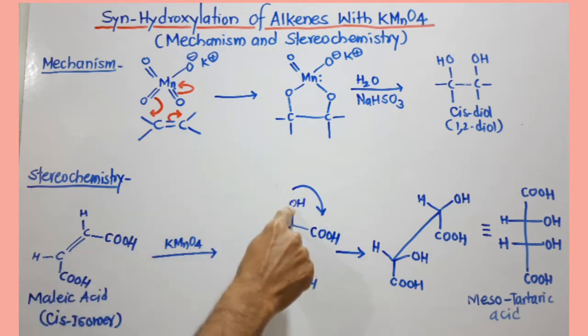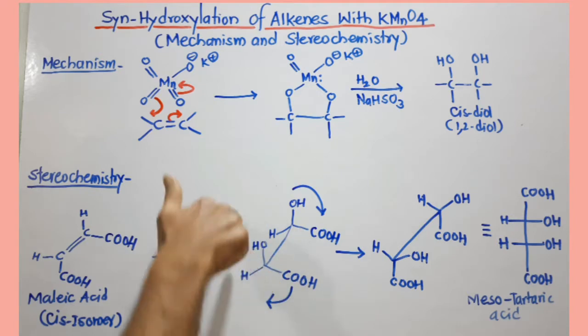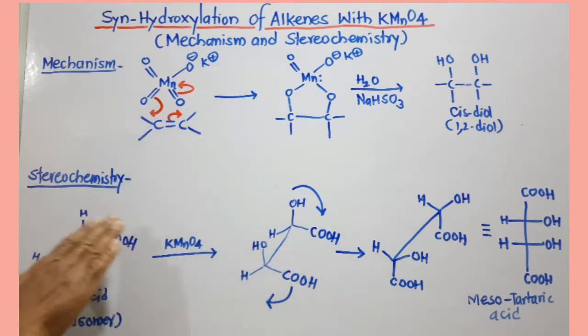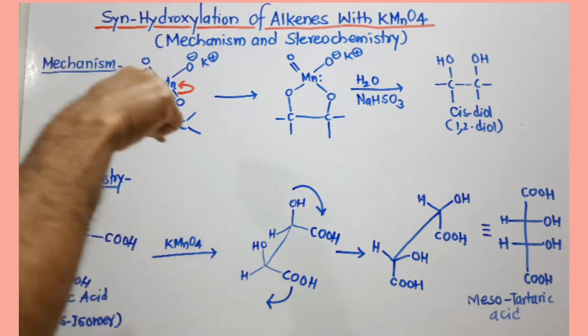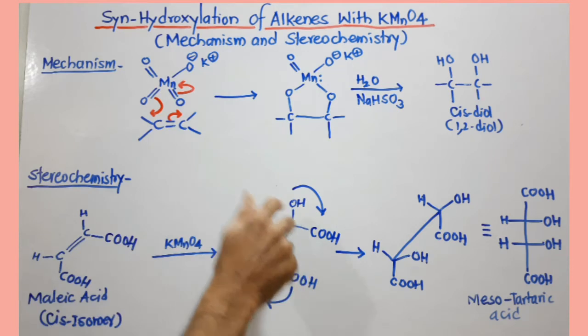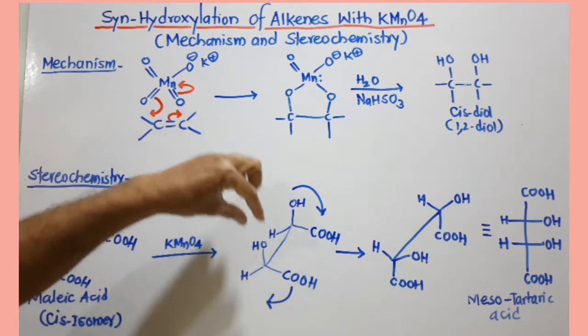So we show these three projecting bonds which are projecting from this carbon. These two bonds are on the same plane, but when the hydroxyl group is added, these move down. They are not going to change their position, you simply have to move them down.